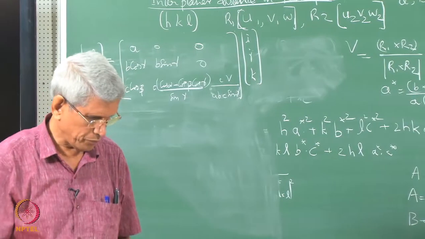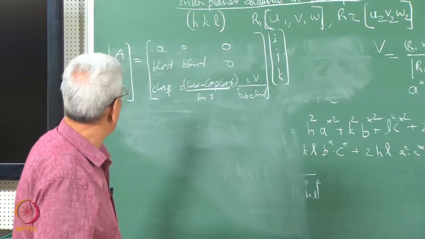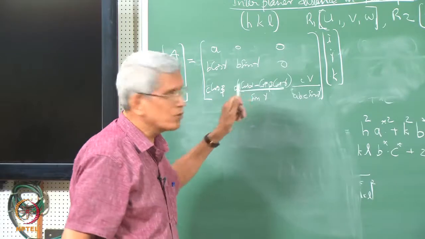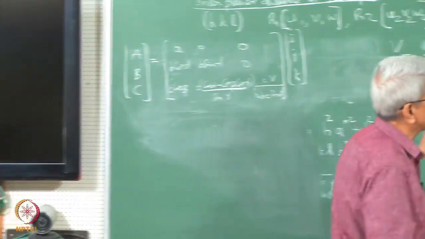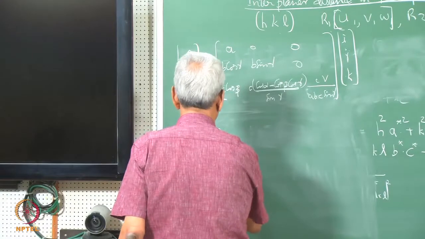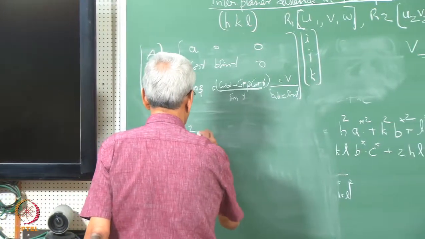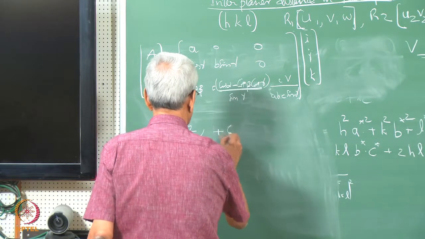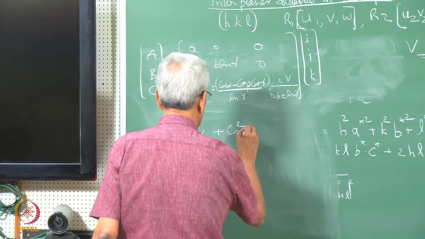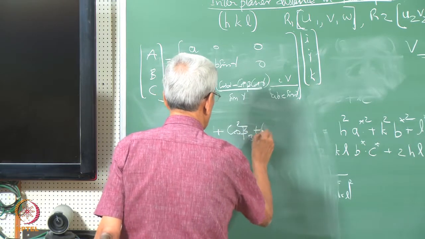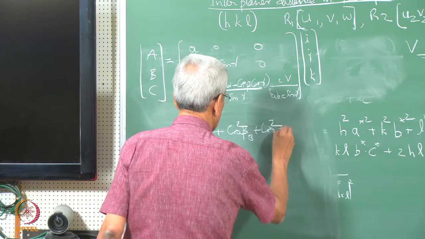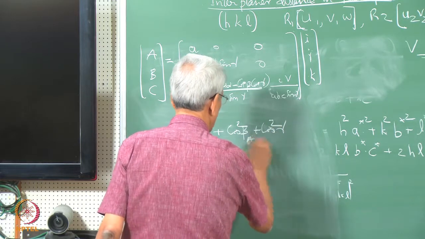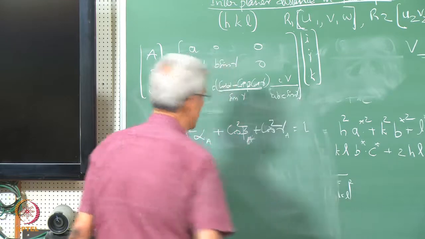And we know that in the expression which we have written, cos squared alpha A plus cos squared beta A plus cos squared gamma A should be equal to 1, right.